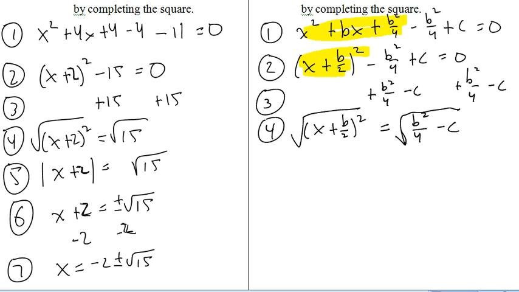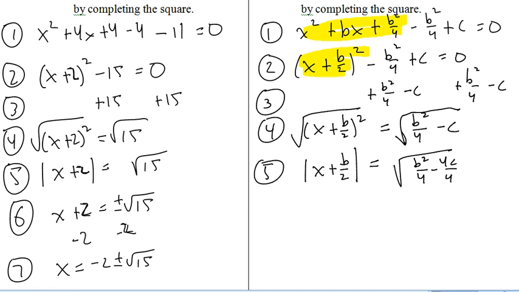So that gives me the absolute value of x plus b over 2 equals, and now let's get a common denominator inside here, so that's going to give me the square root of b squared over 4 minus 4c over 4. Now I've got a common denominator, so I can add those two.